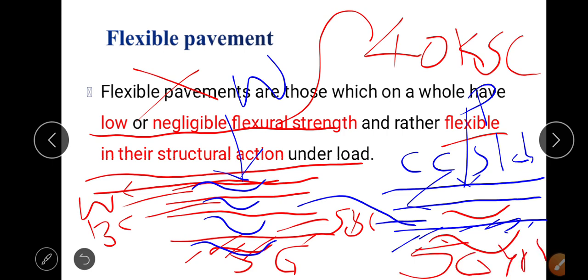This is hardly 15 to 20 years maximum, provided it is constructed with proper quality and good quality of material and with proper execution during the construction work or laying down the flexible pavement. Then only it can sustain and serve the purpose for the 15 to 20 years design period.